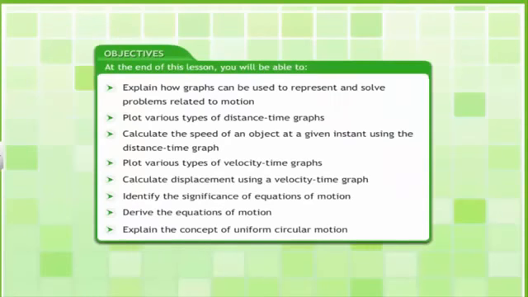At the end of this lesson, you will be able to explain how graphs can be used to represent and solve problems related to motion, plot various types of distance-time graphs, calculate the speed of an object at a given instant using the distance-time graph, plot various types of velocity-time graphs, calculate displacement using a velocity-time graph, identify the significance of equations of motion, derive the equations of motion, and explain the concept of uniform circular motion.